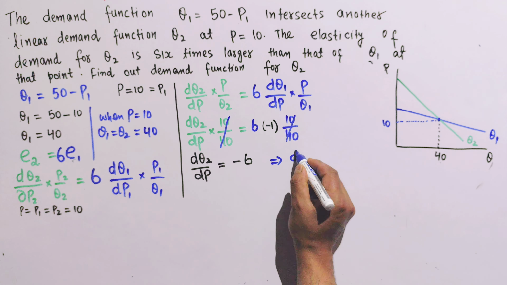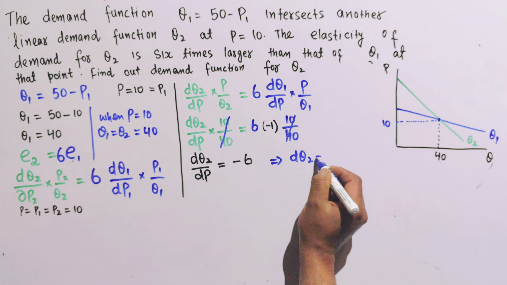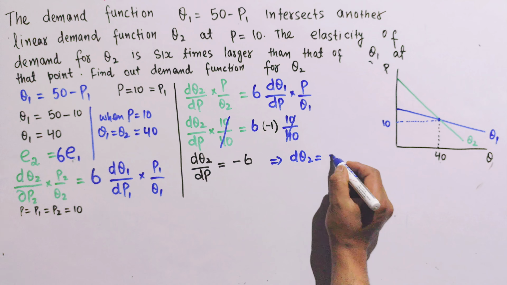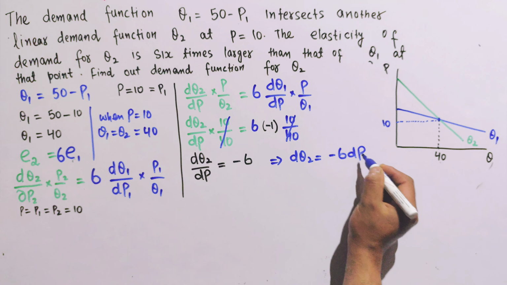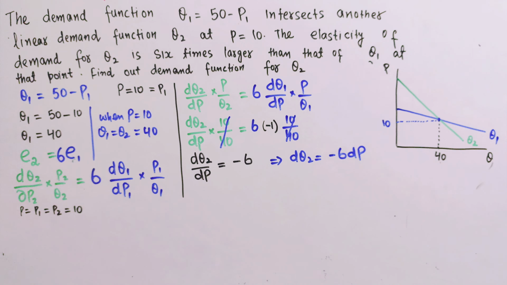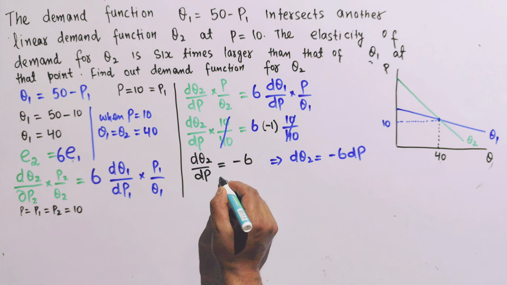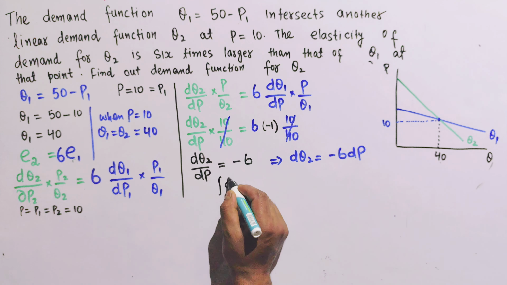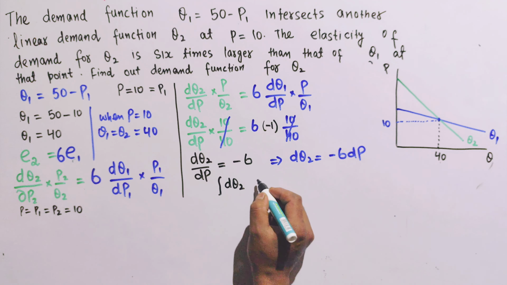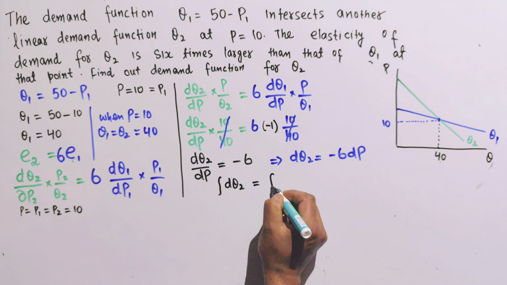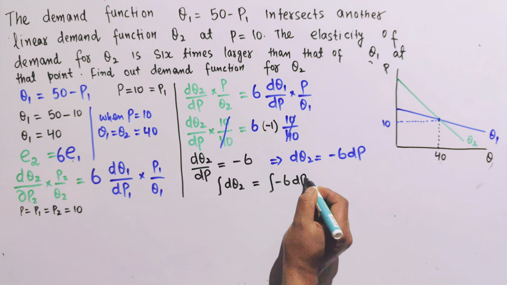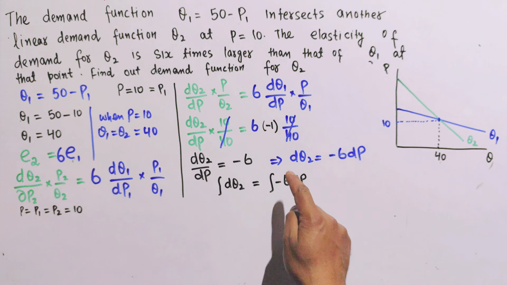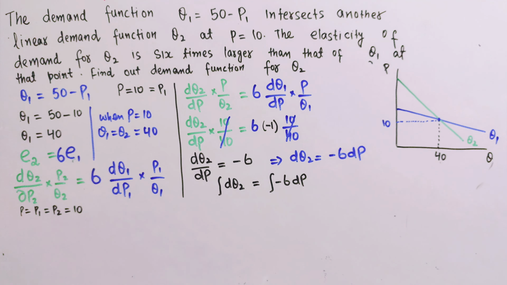That means dQ2 is equal to, transposing this dP, it will get multiplied, minus 6 times dP. Now we integrate both sides, the integral of dQ2 should be equal to the integral of minus 6 dP. We take the integral on both sides.